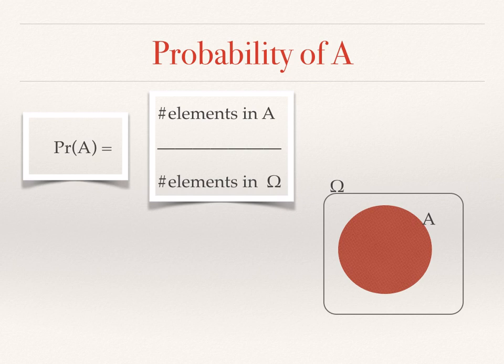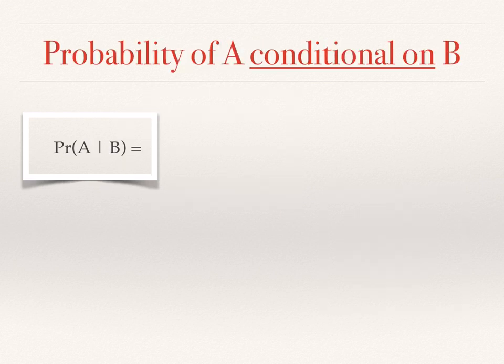So far we have the probability of a generic event A given to us as the ratio between the number of elements of A divided by the number of elements in your sample space, Omega. Now, on to conditional probability. What is the probability of a generic event A, conditional on some other event B? Again, A and B should be thought of in terms of sets.